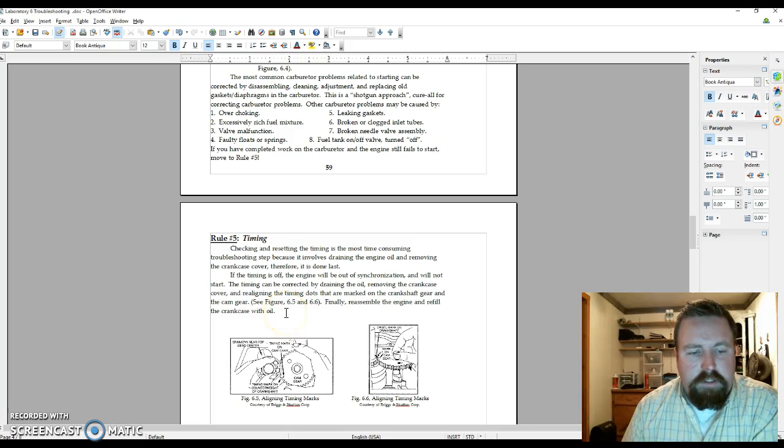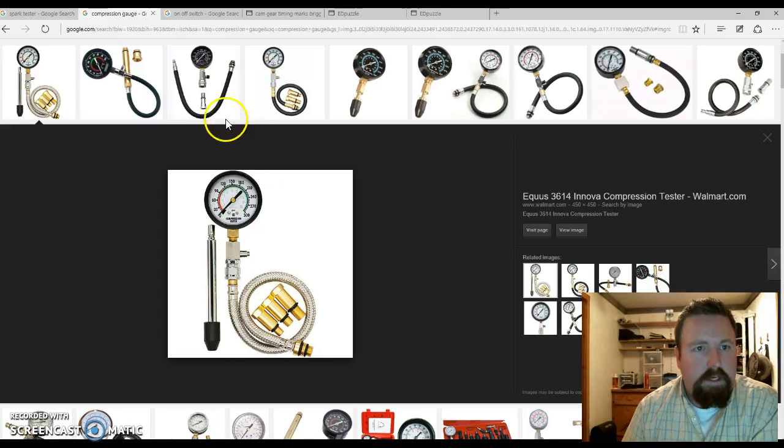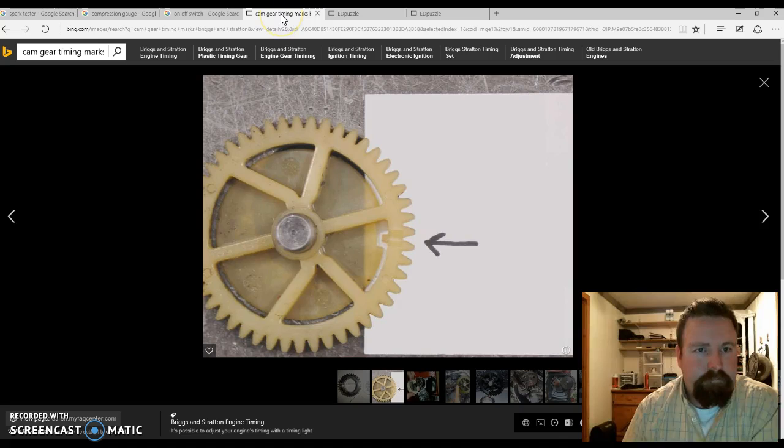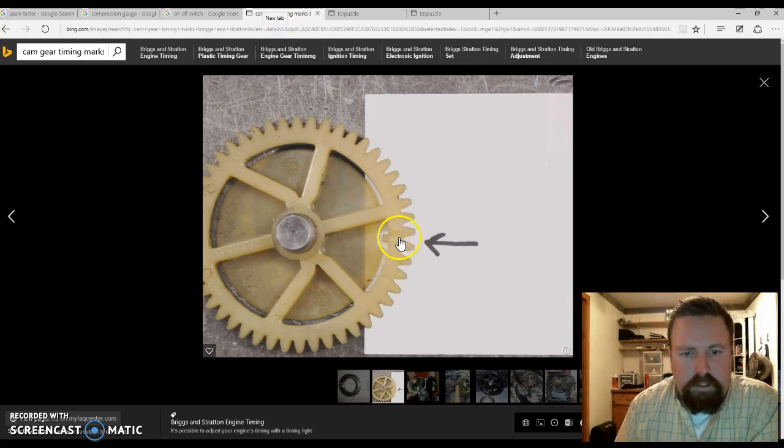Remember that there are marks on your cam gear. We'll switch over here and take a look at those cam marks real quick. Okay. Just like in our engines that we were tearing down, you can see this mark here. The timing gear, the gear on the crankshaft, should run right into this notch right here. Not this one, not this one, but exactly that one.